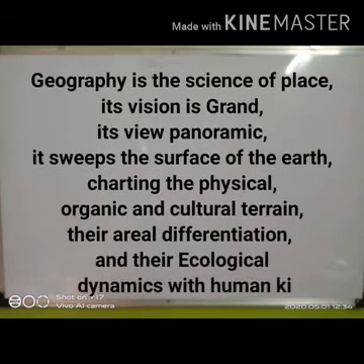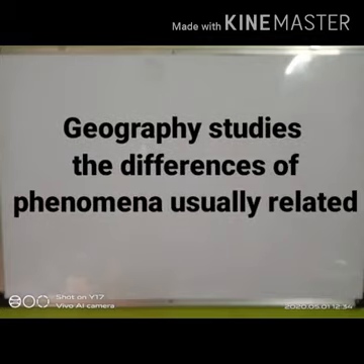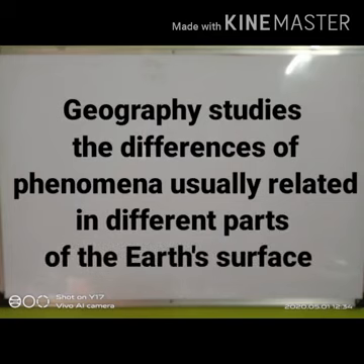It sweeps the surface of the earth, charting the physical, organic and cultural terrains, their areal differentiation and their ecology dynamics with humankind. Its foremost tool is the map. And the fourth one is according to Hettner: geography studies the differences of phenomena usually related in different parts of the Earth's surface.